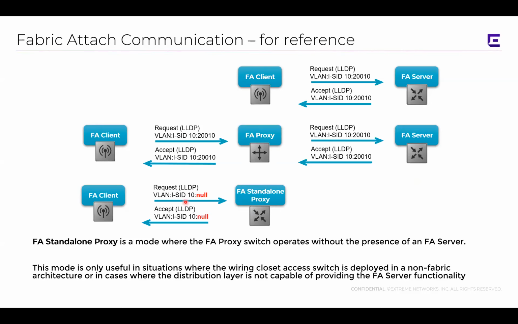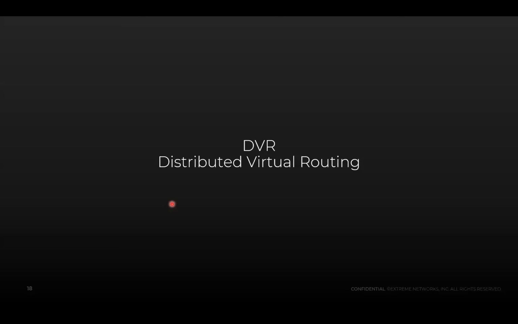In this case, you might still want to make use of VLAN automation at the access with the FA client and FA standalone proxy. Of course, the I-SID values will not be there, but you can automate and get ready for the migration of your core network. So that's it from my side, and then I'm going to hand it over to Adam for the DVR and the rest of the presentation.